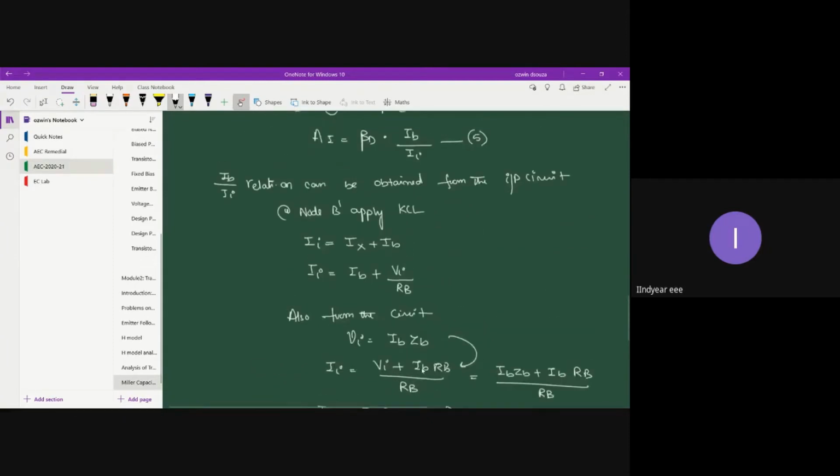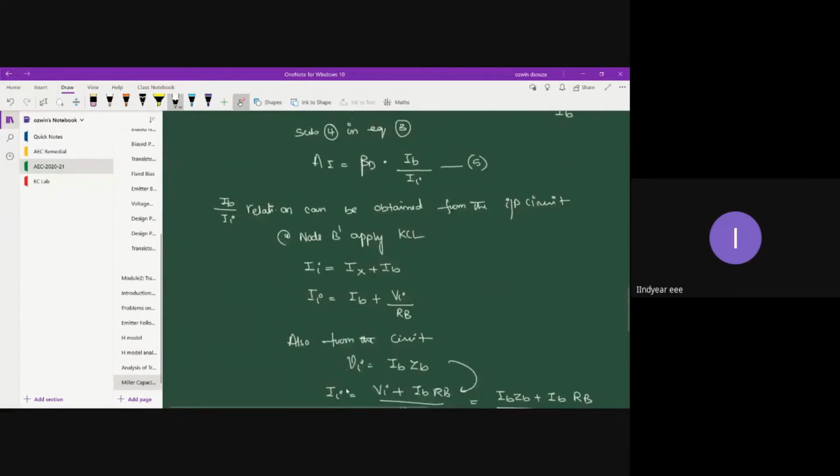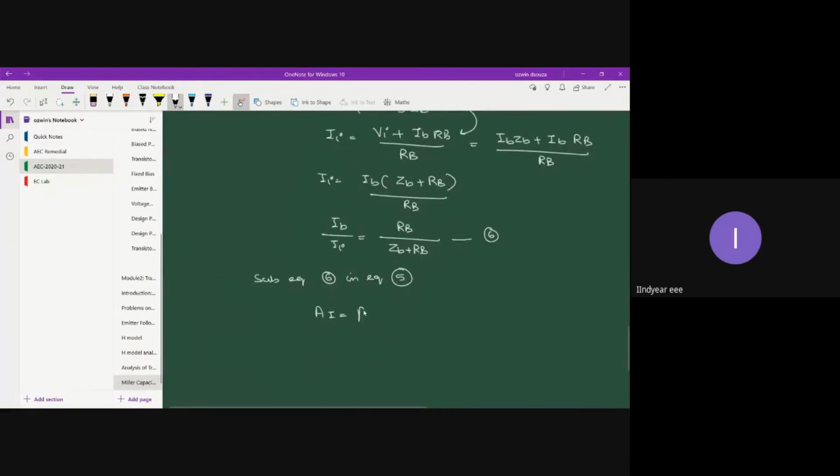The IB by II ratio we know, so we can substitute equation 6 in equation 5. So that will give us current gain AI as beta D into this resistance ratio, that's RB divided by ZB plus RB. So that's a current gain.